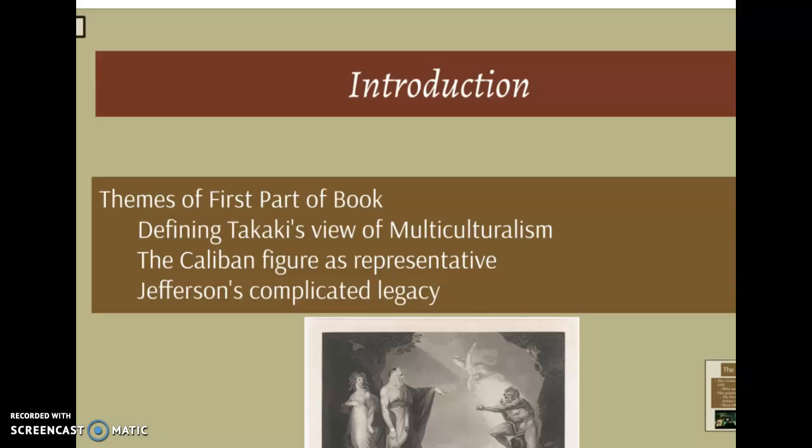In this class, I had a student who went to community college and said, I read Ronald Takaki for class. I really enjoyed the book. It just opened my eyes to a lot of things, and I want to do my project paper on him. So, long story short, it happened.